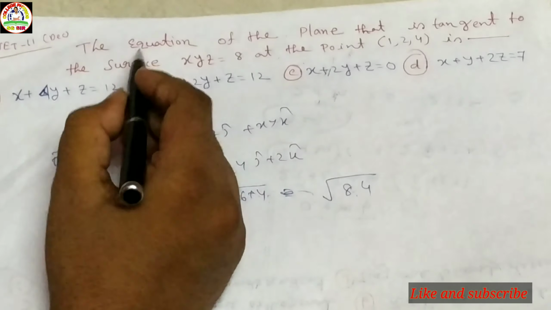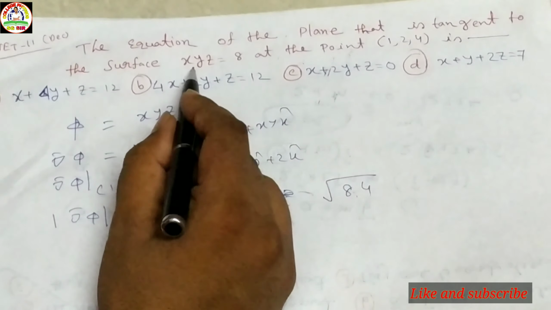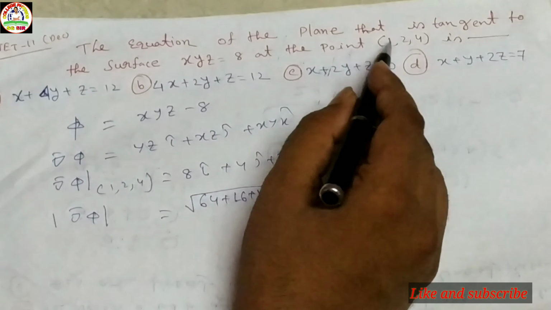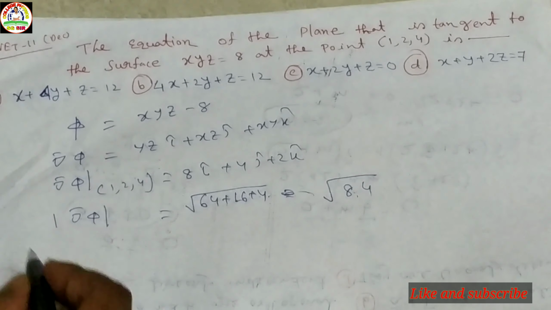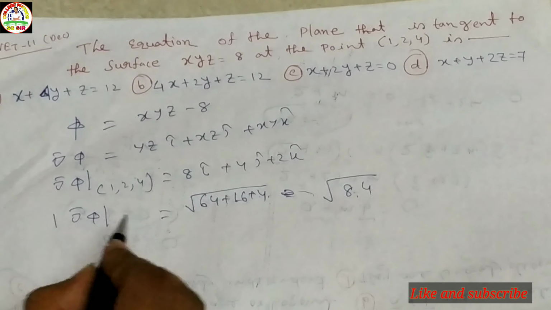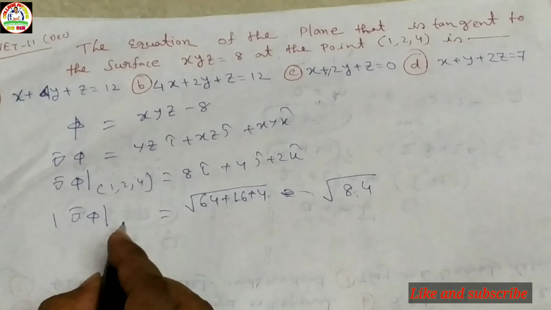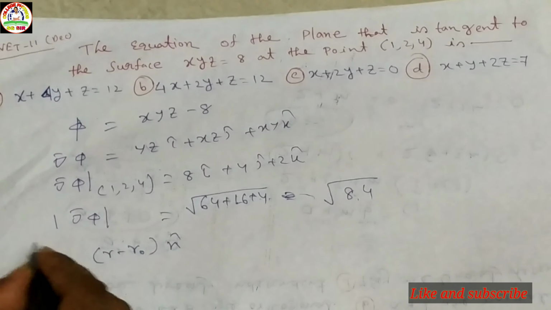Now we calculate the equation of the plane that is tangent to the surface xyz equal to 8 at the point 1, 2, 4. So we know the equation of the plane that is perpendicular is given by the relation (r minus r0) dot n cap.